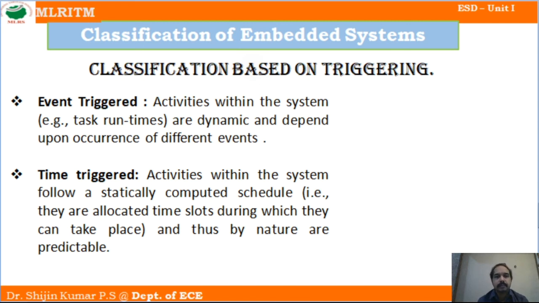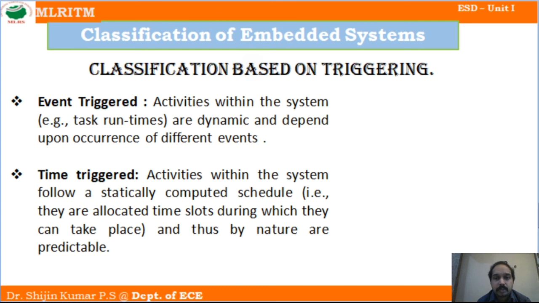Time triggered means scheduling. I am instructing the AC, I am putting a timer, so the AC must turn on at a particular time. I am taking my remote and controlling it. Nowadays ACs can be controlled using your smartphone also. You may have seen the advertisement, smartphones can control air conditioners.